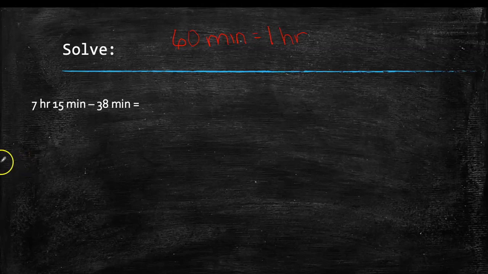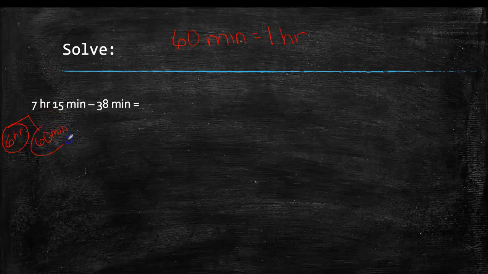All right, let's go ahead and subtract. I have 15 minutes. Can I subtract 38 minutes? Nope. All right, this is where Mrs. Day differs a little bit from what your other solutions were because I like to have this other number bond here. And I know it's 60 minutes.